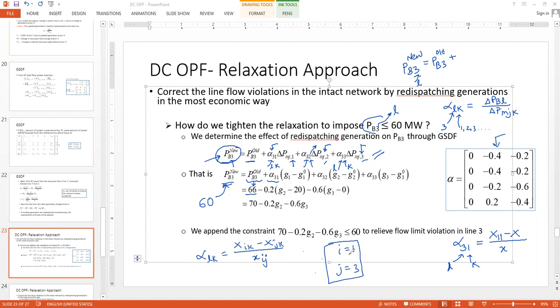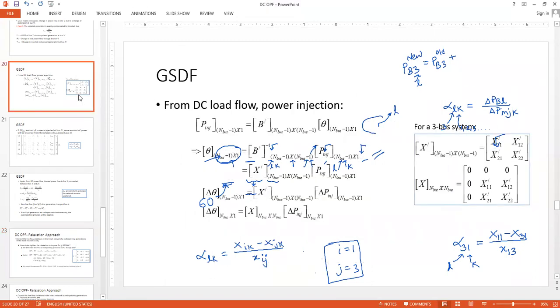So xik, I is 1, k is 1, so x11 minus xjk, j is 3 and k is 1, so x31, divided by x13. You take the values from the x matrix and the small x data entries. So what are x11 and x31? Let us see. x11 is this one, and x31 is this one.